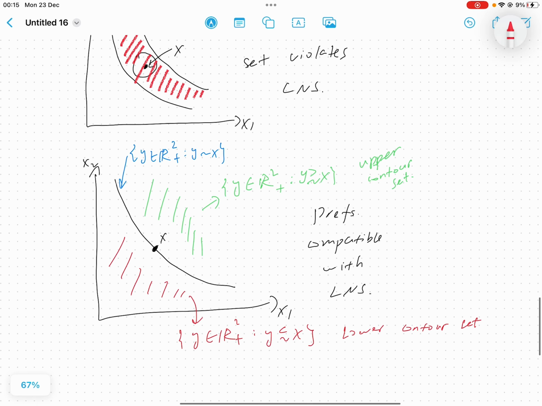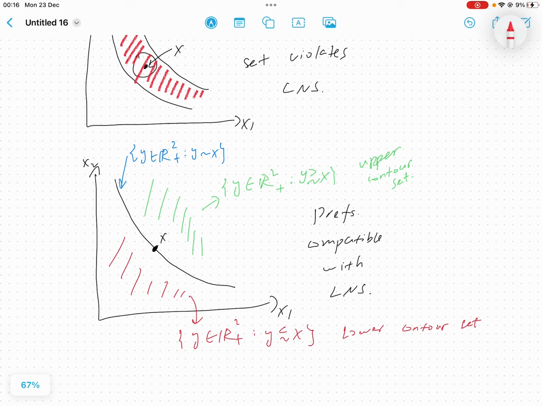Now let's take a look at this second picture. This x is still some point in this space with two dimensions, and this black curve, labeled by this blue set, will be the set of y. That will be the not thick, or normal, indifferent set, right? So that has the same level of preference as x.